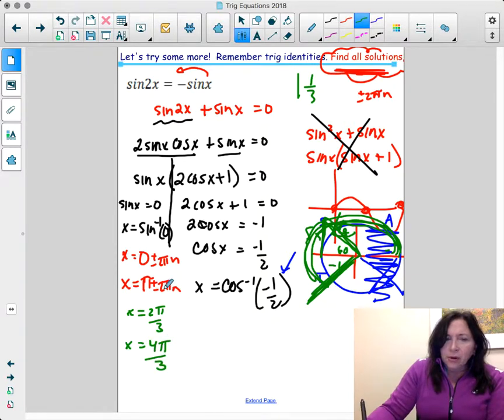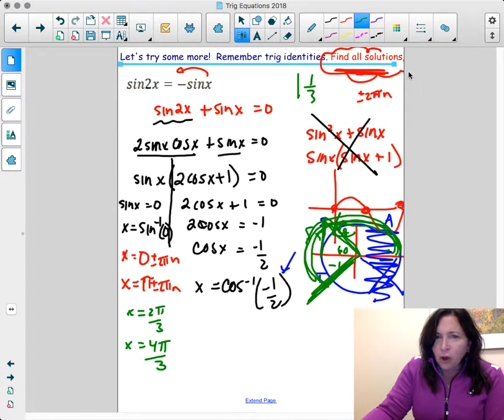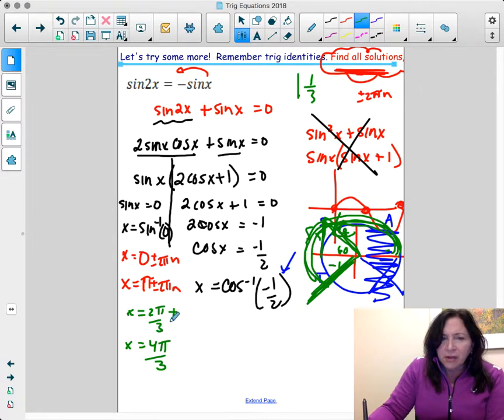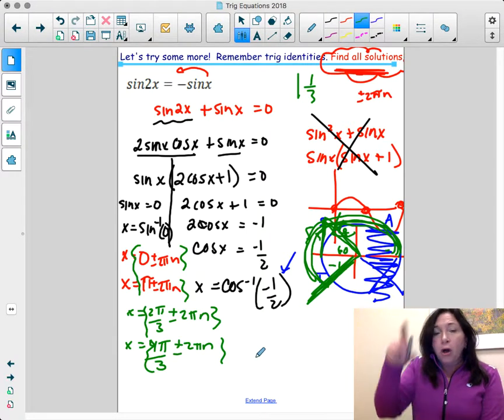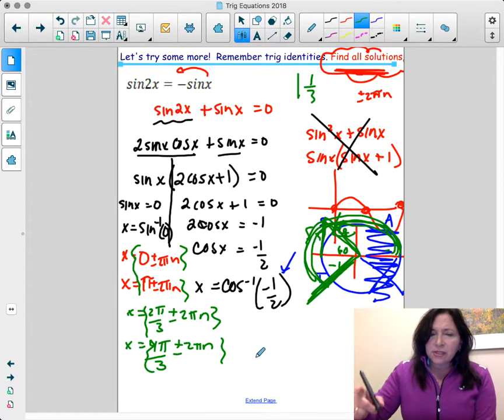And remember, I want all the values forever and ever. Find all solutions. So we're going to go plus or minus 2 pi n, and every one of these is an answer. These are all my solutions here, and they all work, and they're all going to give me the solutions forever and ever.